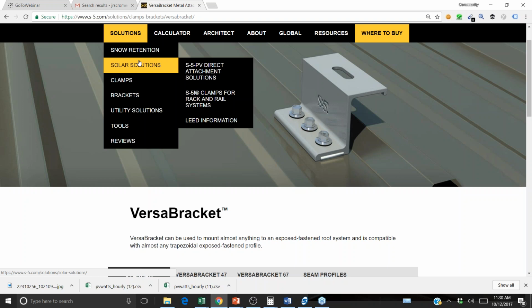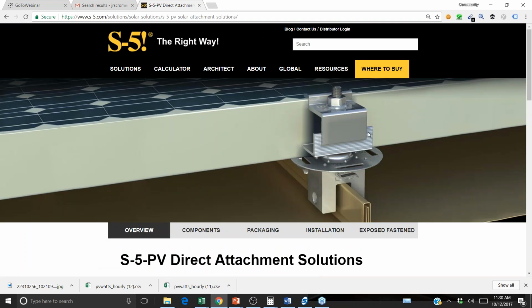The problem with these standing seam clips is that instead of going into the roof truss, you're staying on top, and the weak point doesn't become how the module connects to the roof. It's how that metal roofing panel connects to the truss.